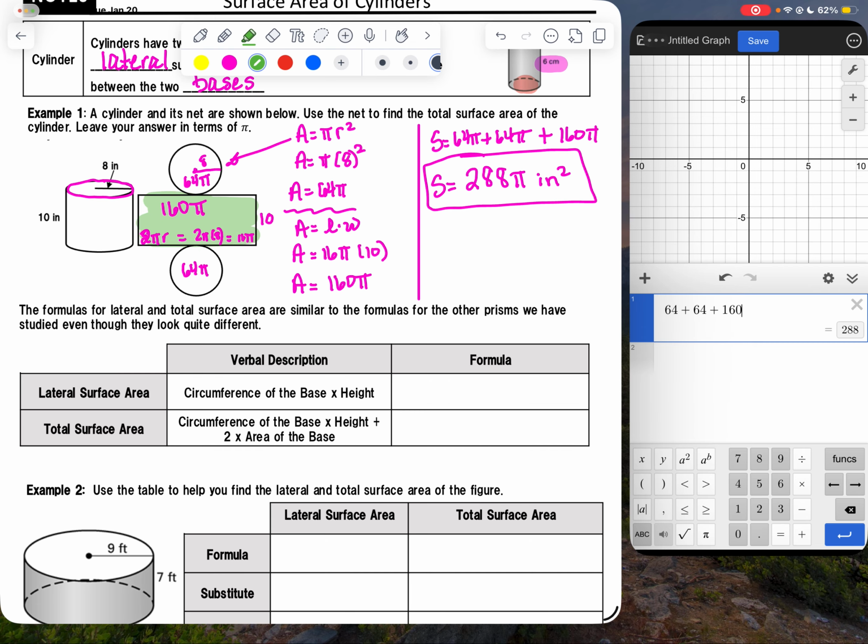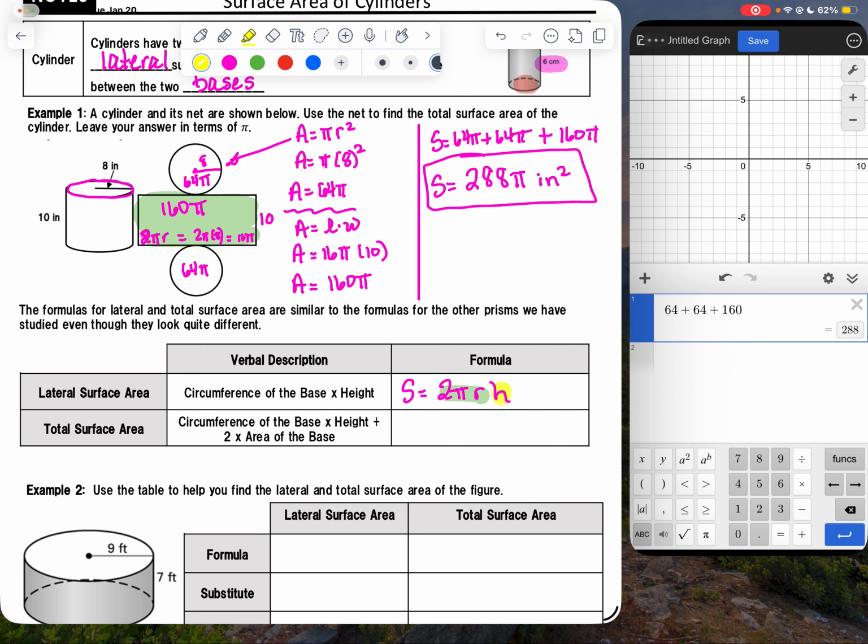That is your lateral surface area, just that rectangular part. And the way we find that in words is circumference of the base times the height. So that would be 2 pi r h. So the circumference of the base is the 2 pi r, and then times the height.